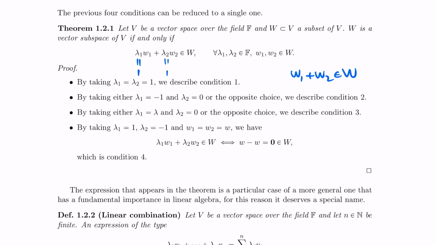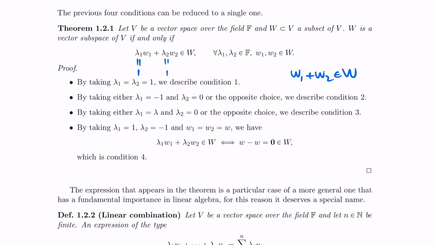That is, the fact that when we have any two vectors of W, their sum must belong to W. As a very easy exercise, I leave you to check that if you perform these choices here, then you have requests 2 and 3.